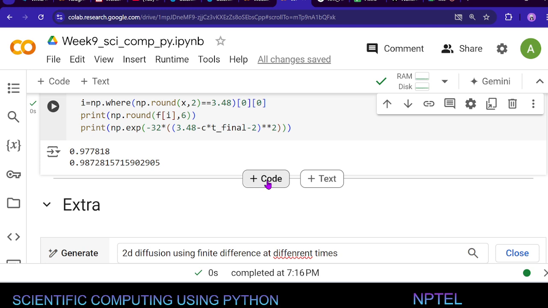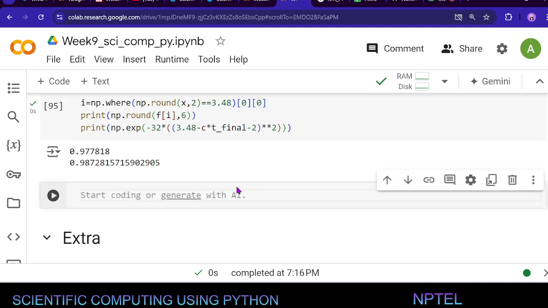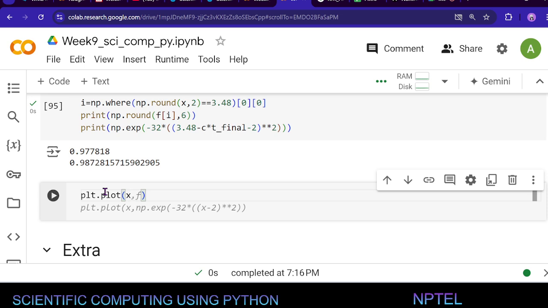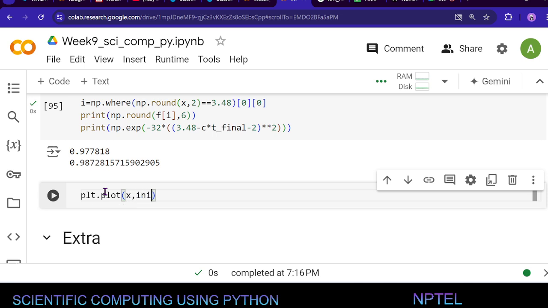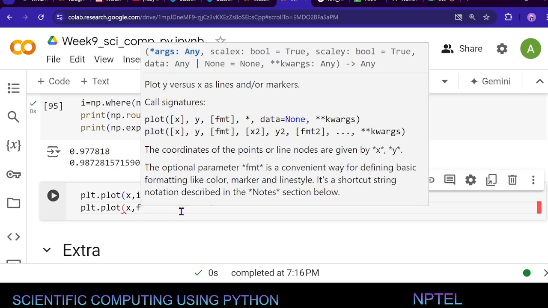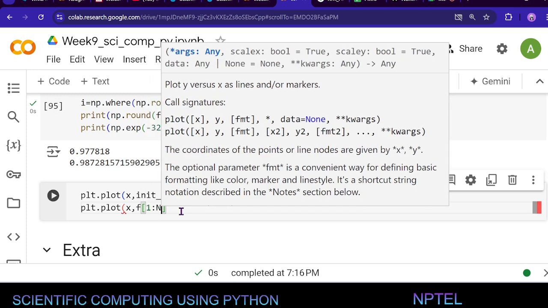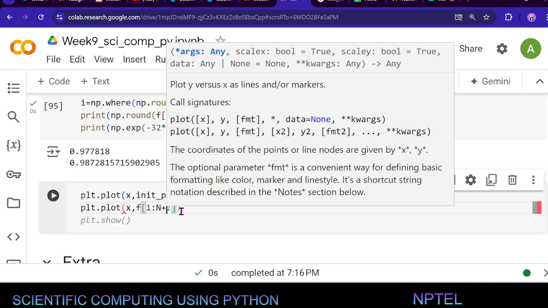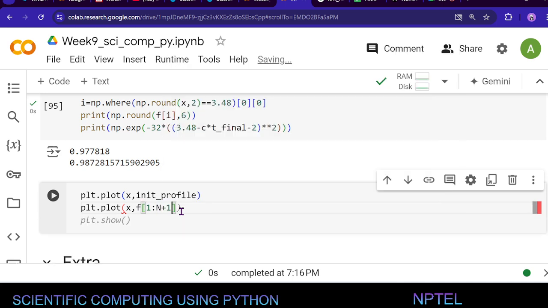Okay. Well, we can do one thing. We can plot like we have done in the past. So let's plot plt.plot first the initial function, which is how did we define init profile, and then plot f, but only from 1 to n, right? Because others are ghost points. So 1 to n means we have to write 1 to n plus 1.